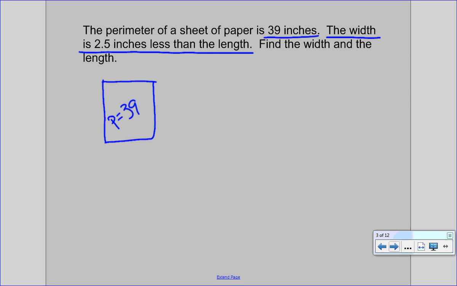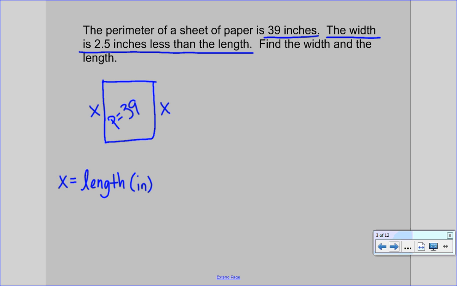Now I don't know what the length is, and I'm trying to figure that out. So I'm going to label this side, my length, as x, because that's what I don't know. So x in this problem stands for my length. And the units that we're using here are inches.